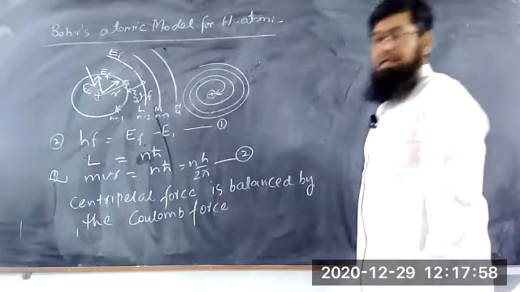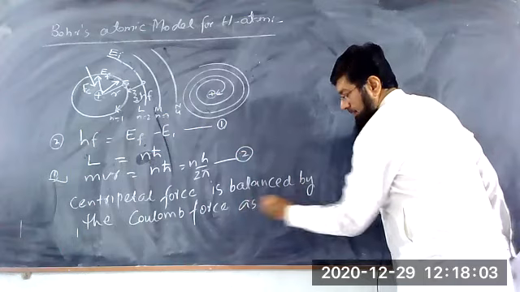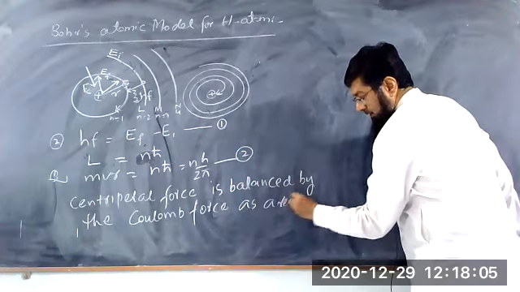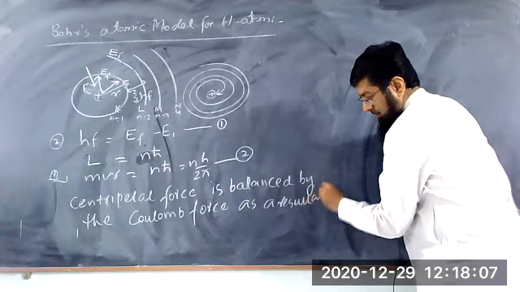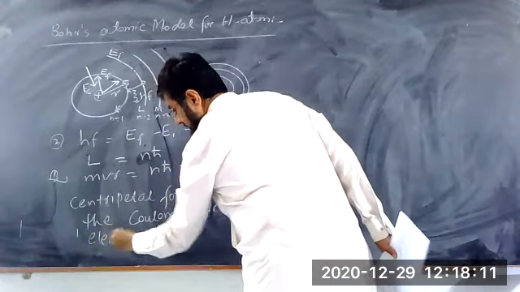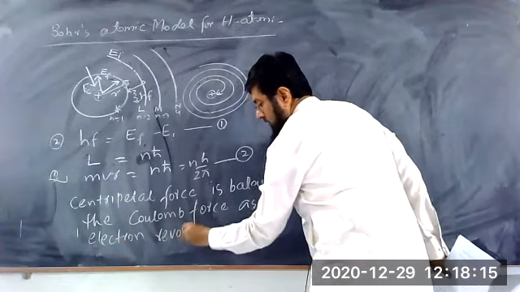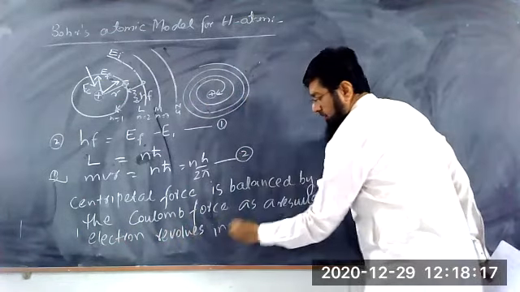As a resultant, the electron revolves in orbit.